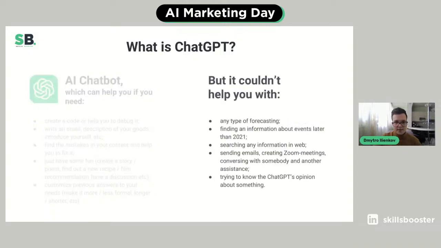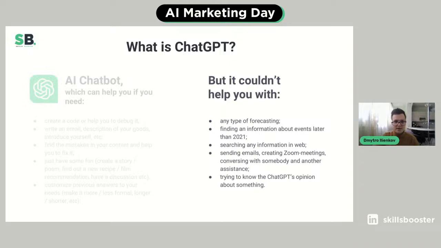Then there are some limitations as well. For example, if you want to create some forecast, ChatGPT can't see in the future, so you can just get some information from ChatGPT, and after that, based on it, create your own forecasting.